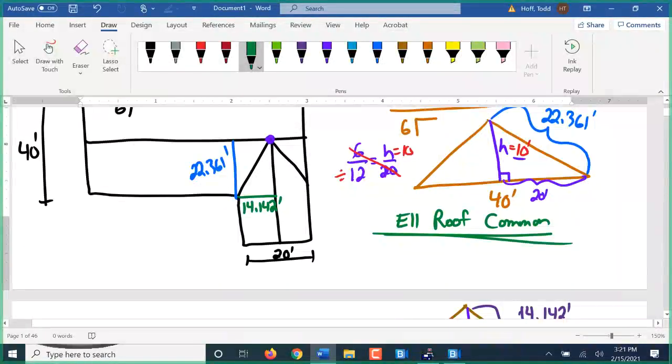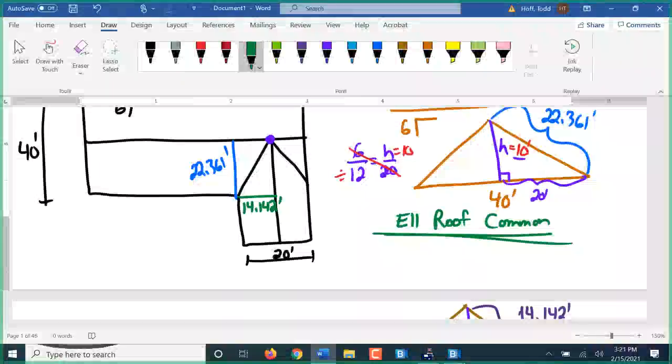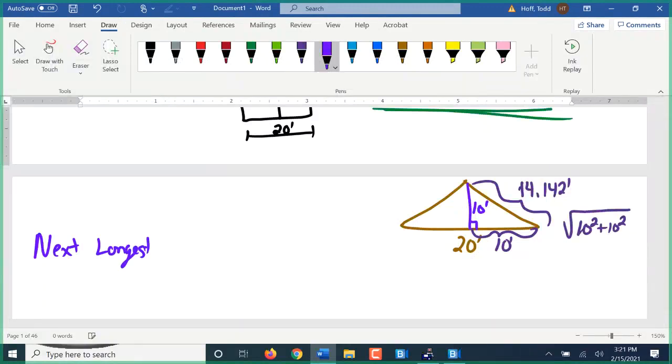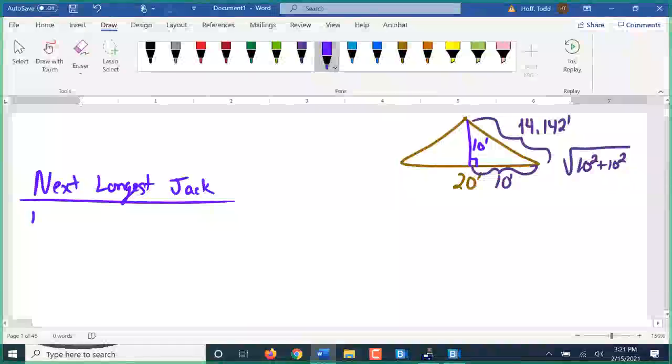Now, just like with the hip rafters, the next step is to find the next longest jack. So we're going to work on either side, the main roof or the L roof. We started with the hip roof before, so let's do the L roof first here to be consistent.